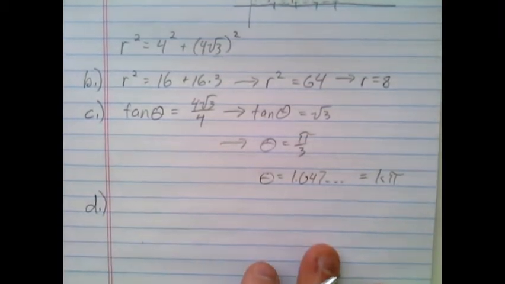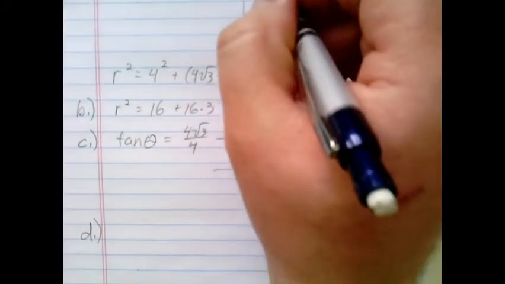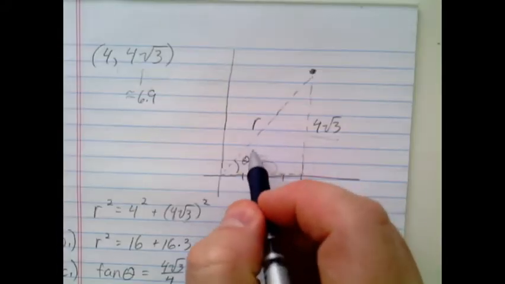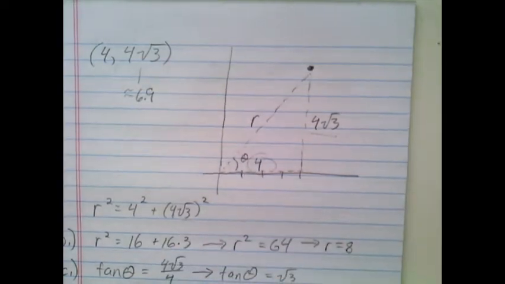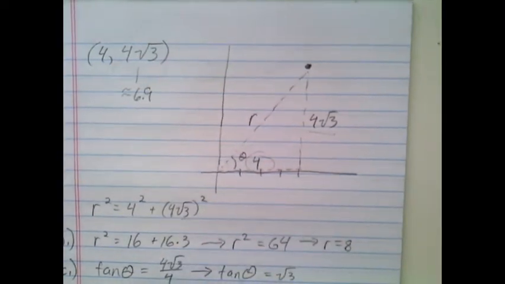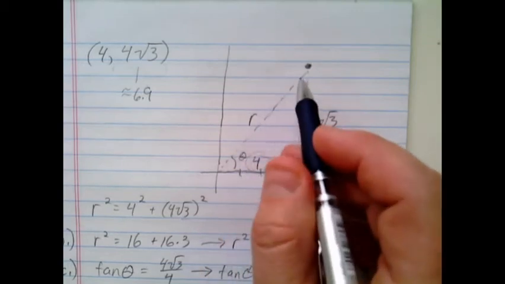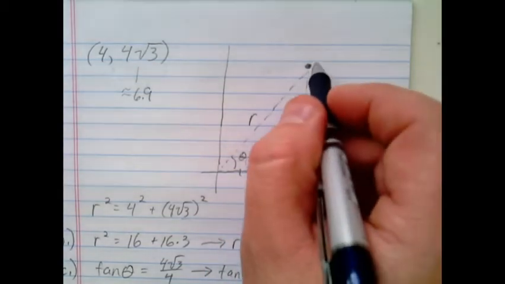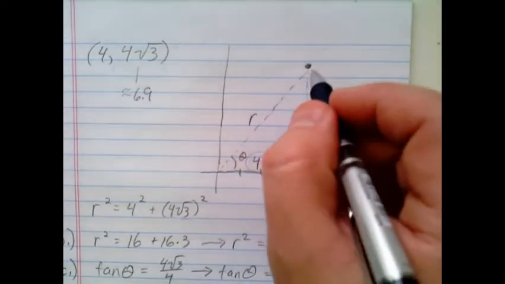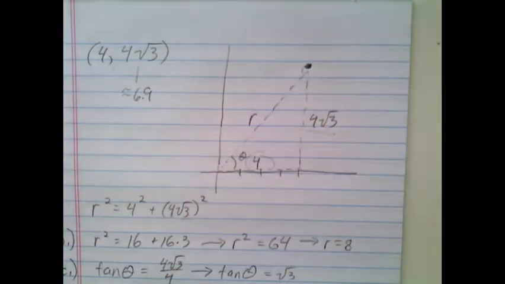Alright, so what we've done is we've computed the distance from the origin and the angle. Now those two things actually are enough to pin down the point. Okay, if I tell you how far it is from the origin, and I tell you how far that distance is rotated off the positive x-axis, that actually pins down the point.